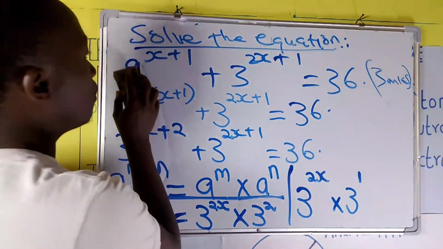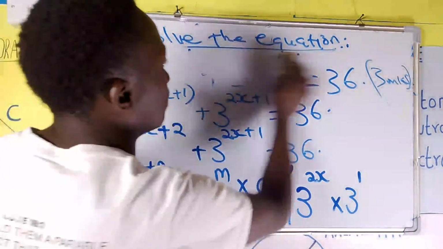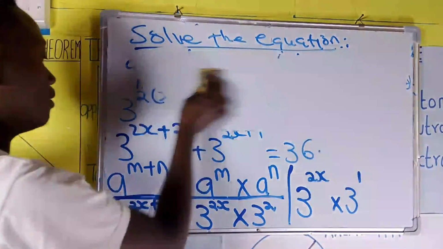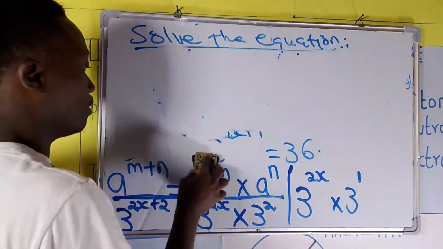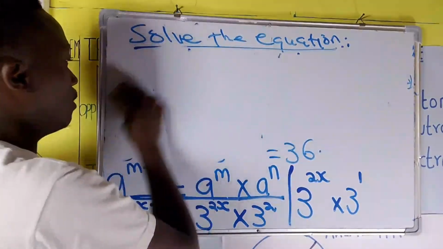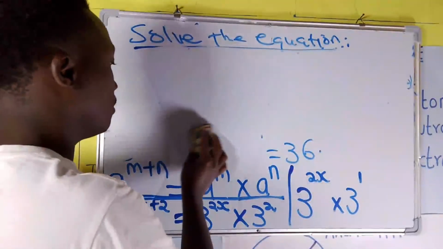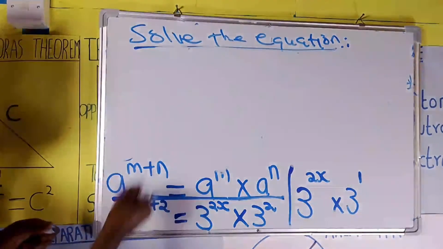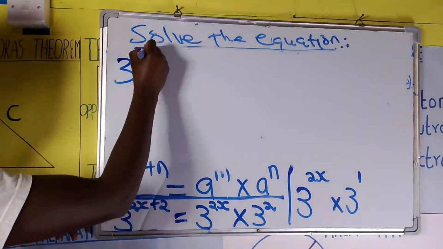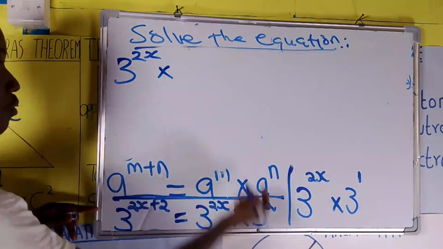Tukifanya hivyo, tutafuta hapa, tuendelee. So tukifuta hapa itakuwa 3 to power 2x times 3 to power 2.